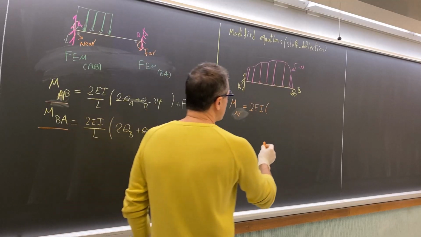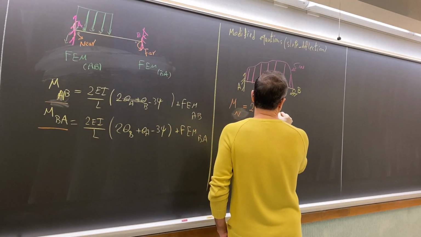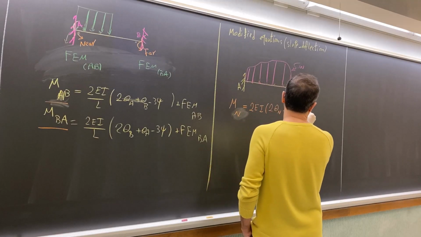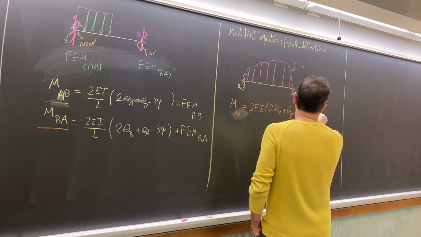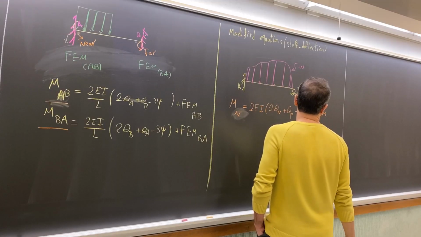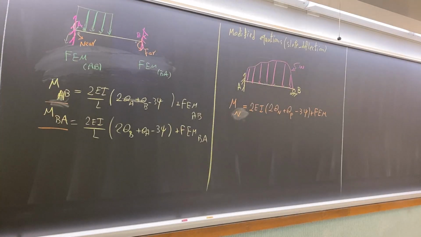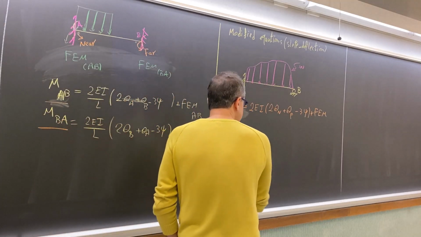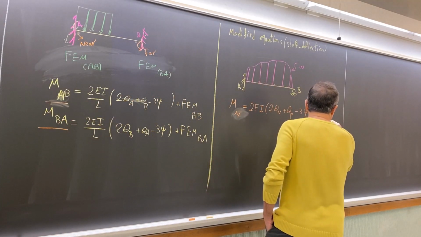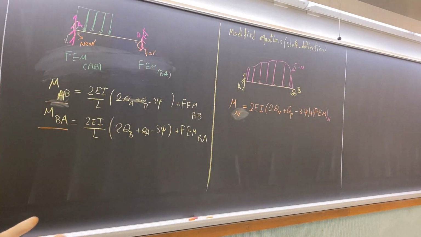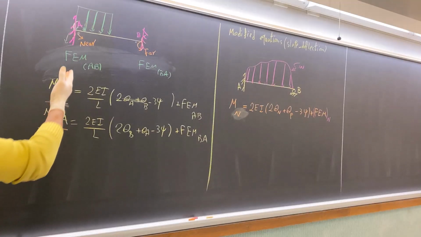So now, 2 theta N plus theta far N minus 3 psi plus FEMN. It's just about symbol. So you don't have any problem with the symbols, you understand near and far.